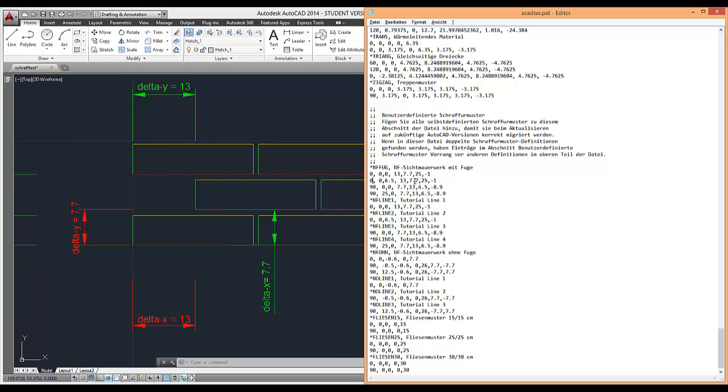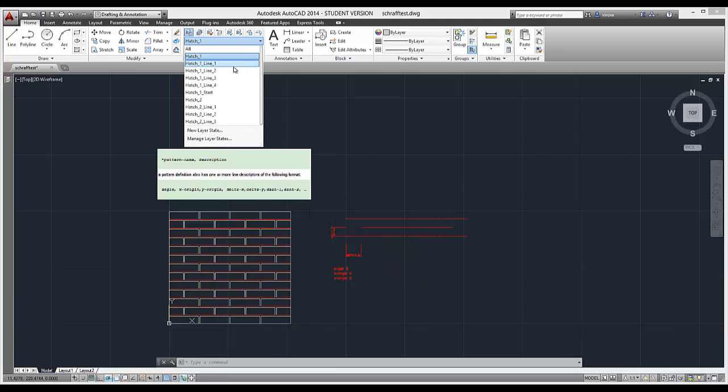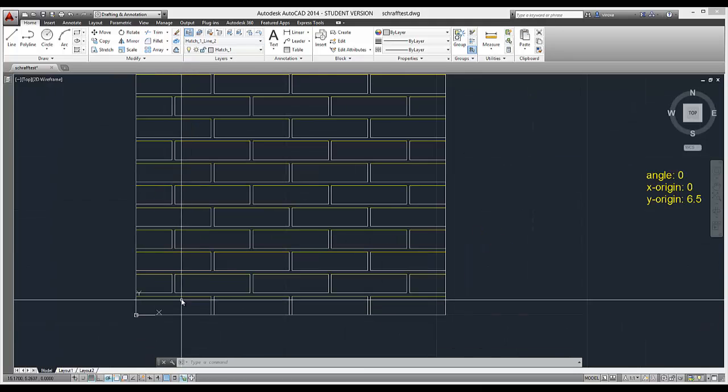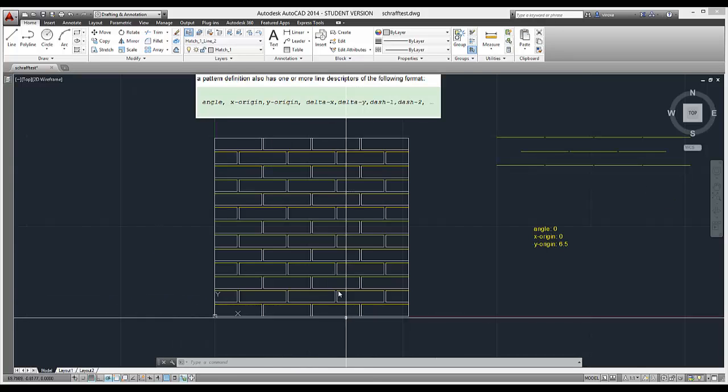It has again an offset of 13 centimeters, which is again this distance, and 7.7 centimeters, which is again the distance between the lines. And there's again the dash values, 25 for the drawn line, and -1 for the gap in between lines. So what this line does is the top lines of the bricks, as you can see.